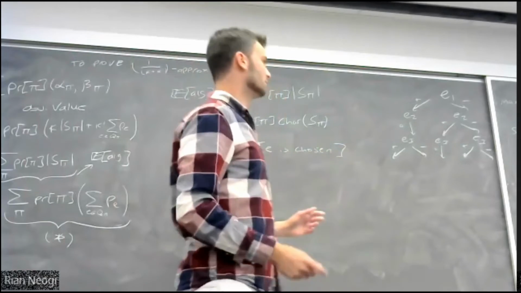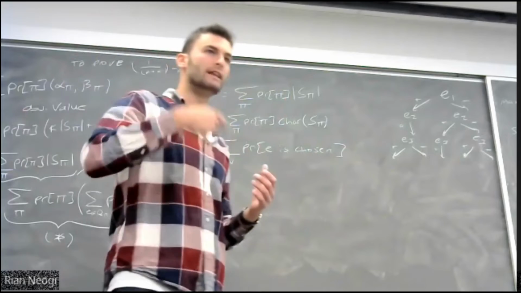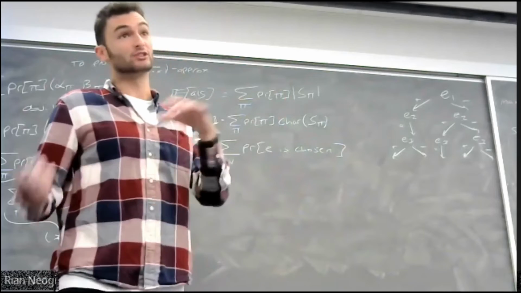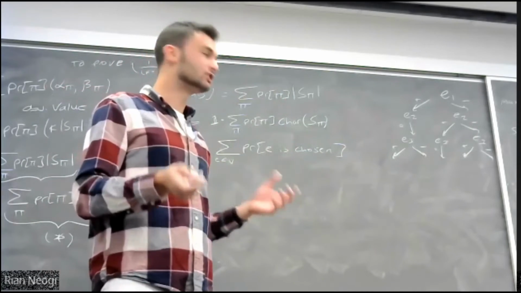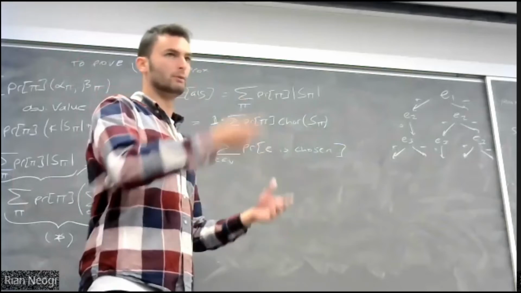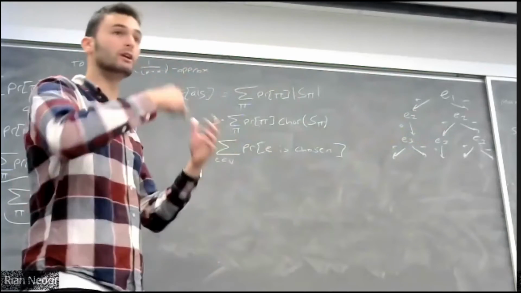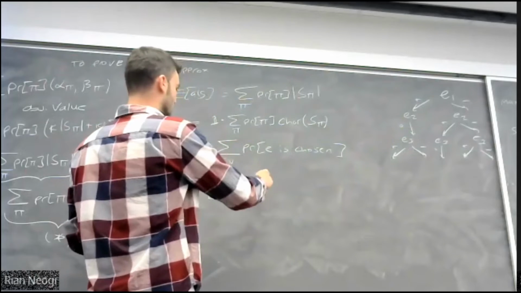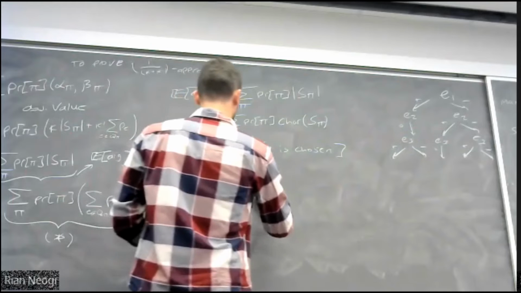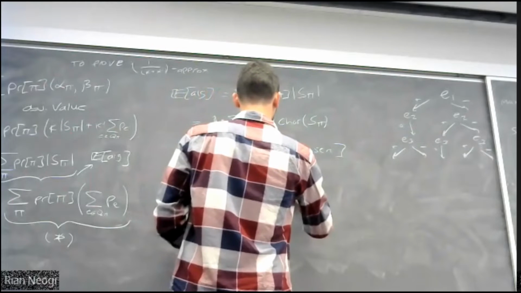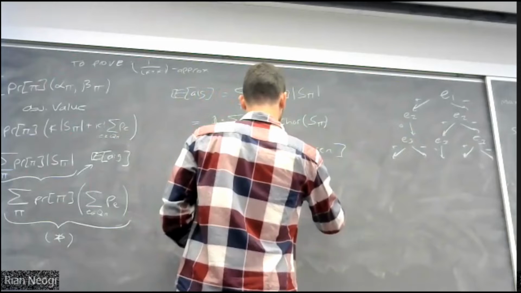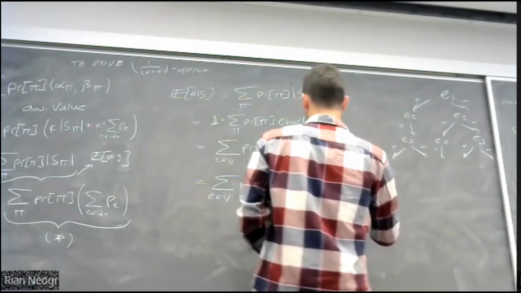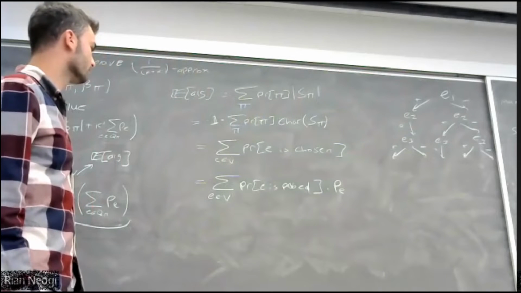How is E chosen by the algorithm? It has to be probed by the algorithm and it has to be active as well. These events are independent of each other by the setup of the problem. All the activation probabilities are independent, so we can just multiply them. So this is the sum over all elements of the probability that E is probed by our algorithm times the activation probability.